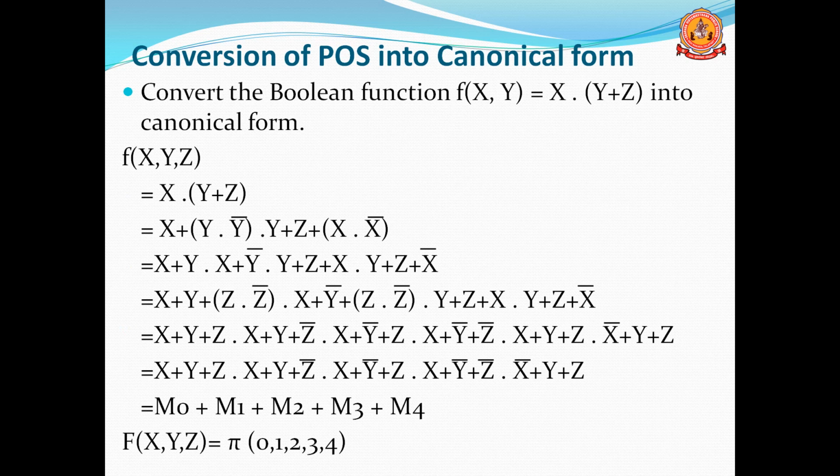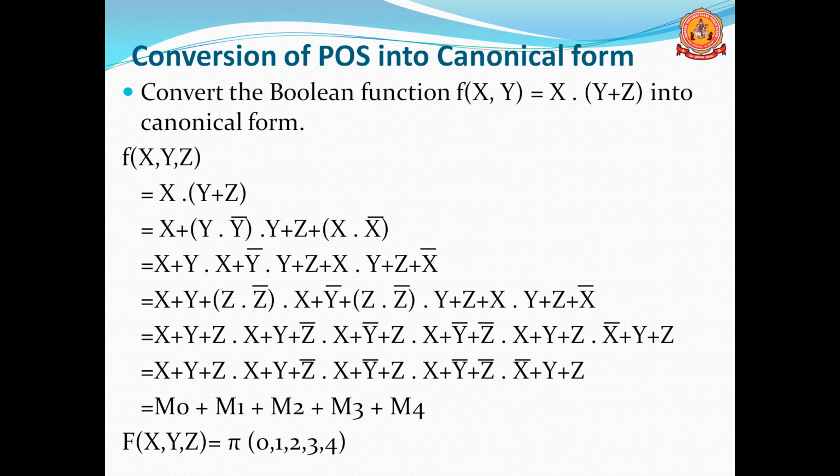So the first term will be x plus y dot x plus y dash, and the second term will be x dot x dash plus y plus z. So it will be x plus y plus z dot z dash. Z is missing in that. In the next term also z is missing, so we add z dot z dash.